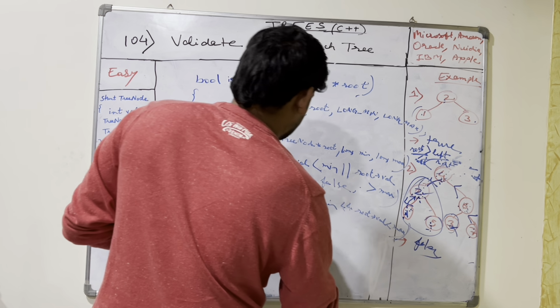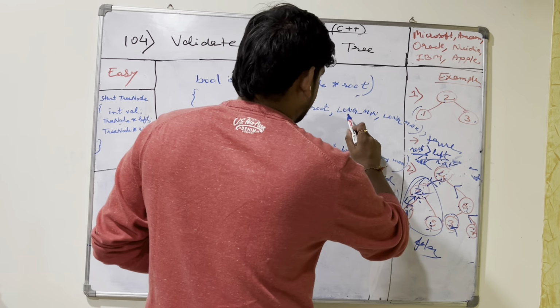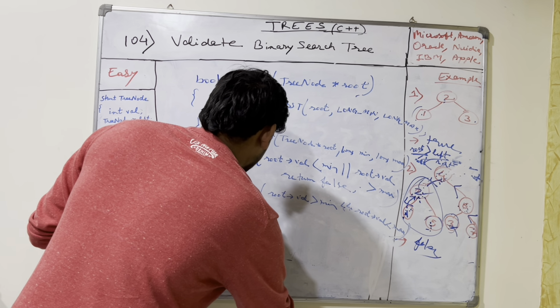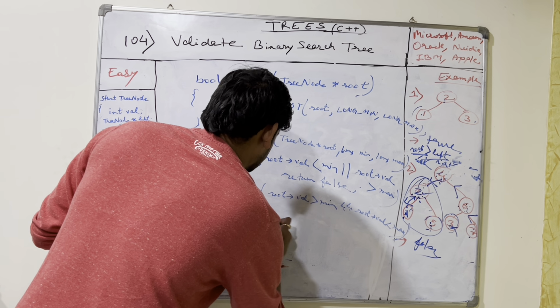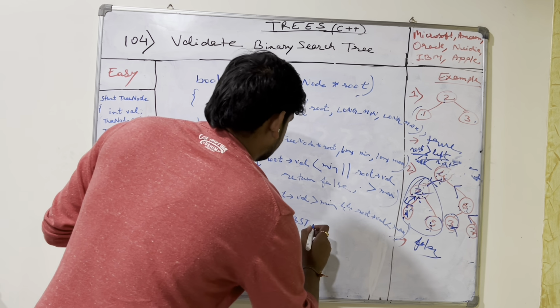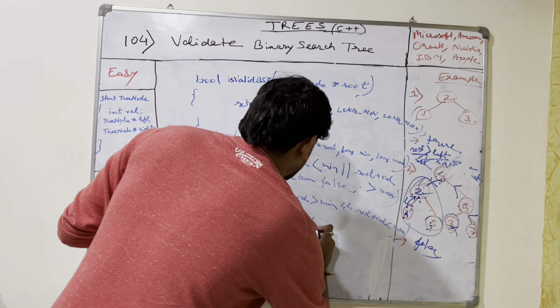Okay. If it is greater than min, and what we are passing, when I dry run it for one example, you'll understand. Okay. Then you return isBST. Okay.